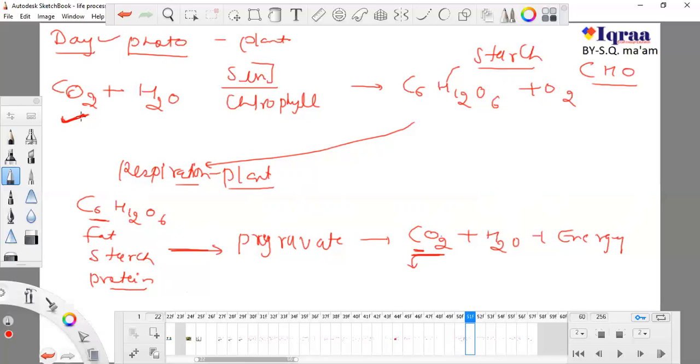The carbon dioxide absorbed through plant stomata for photosynthesis is the same carbon dioxide which is released by the respiration process, because respiration can be conducted by plants and animals both. And the oxygen we inhale is the same oxygen which is evolved by plants during photosynthesis.